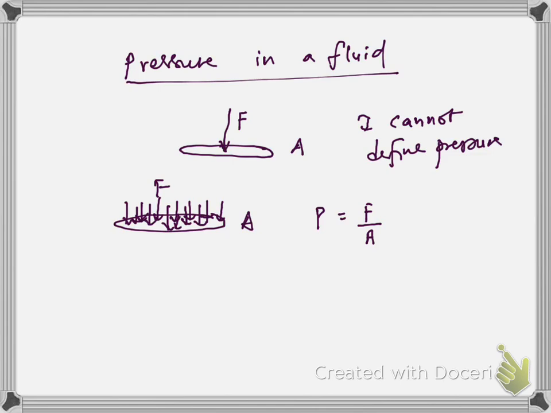To put it in a simpler way, on area A, the force is F. On unit area, means on 1 meter square, what is the force? This is called pressure, and that would be F by A. So pressure can be defined when the force acting on the area is distributed.